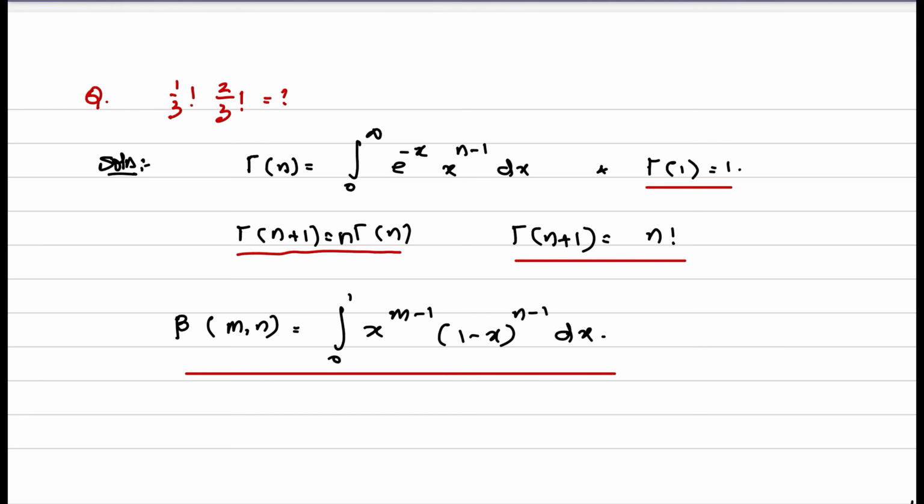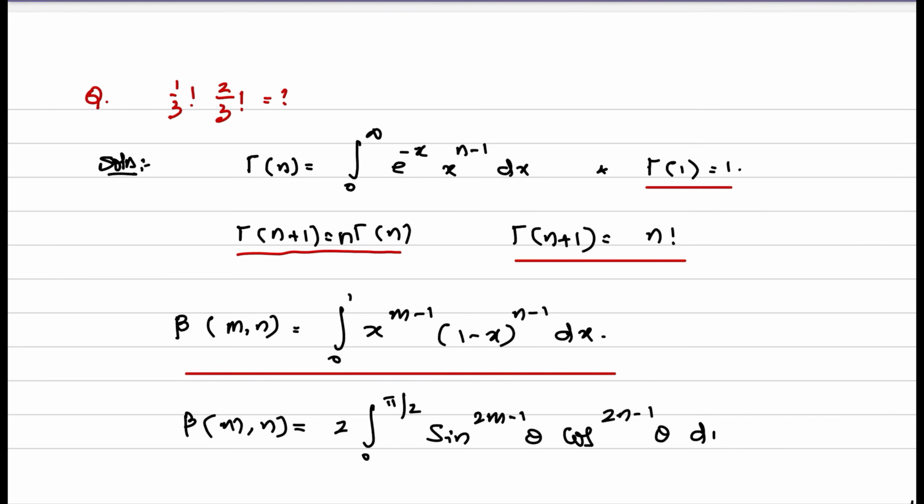We have the gamma function definition and the beta function definition, and another definition is also there for the beta function. Beta mn is equal to 2 into the integral from 0 to pi by 2 of sin to the power of 2m minus 1 theta into cos to the power of 2n minus 1 theta d theta.